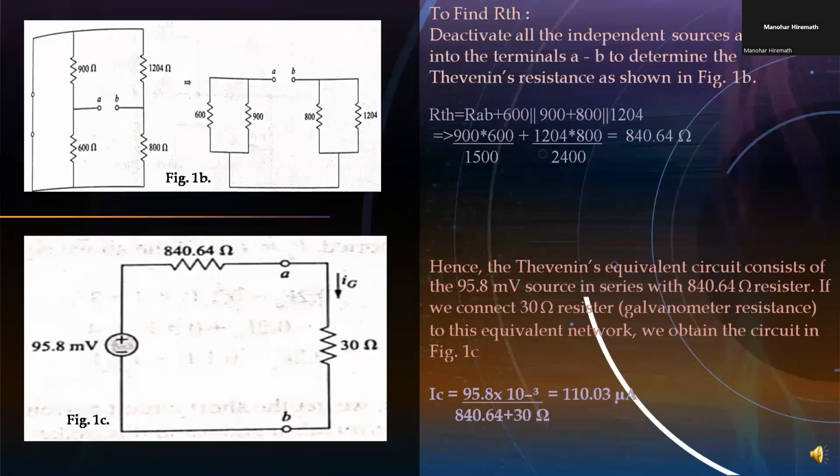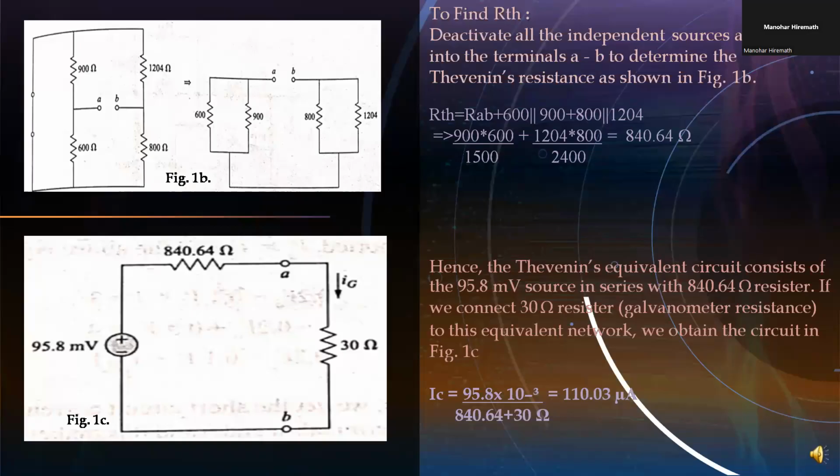Now, to find the resistance RTH, deactivate all the independent sources and look into the terminals A and B to determine the Thevenin's resistance as shown in figure 1.b. Before that, first short the circuit in loop 1, I1. After shorting the sources, we get RTH equals RAB, which is 600 parallel to 900, plus 800 ohm parallel to 1204.